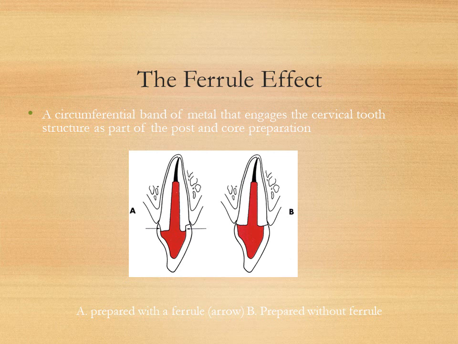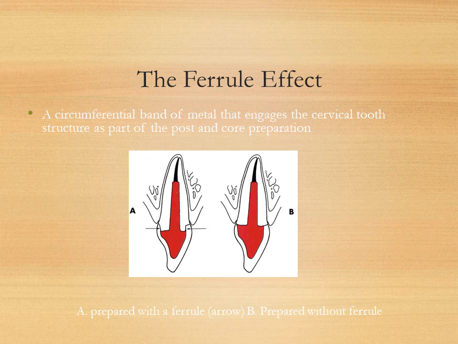By crown prep I mean the tooth preparation which you do to receive your crown. If you see the second figure, you will see that the crown margin and the margin for your post and core are at the same level.